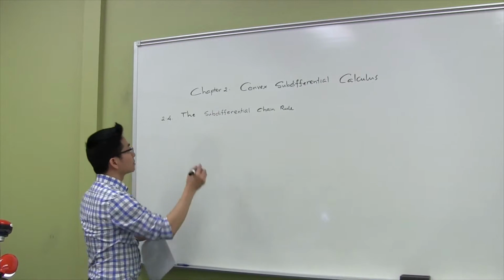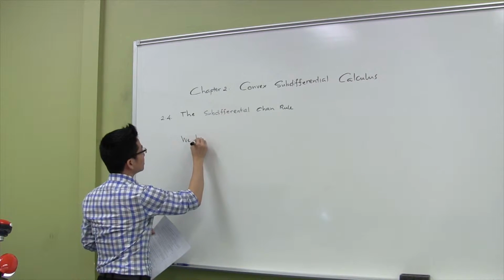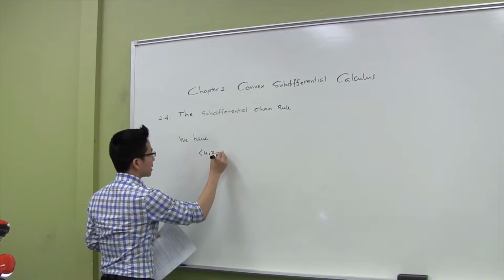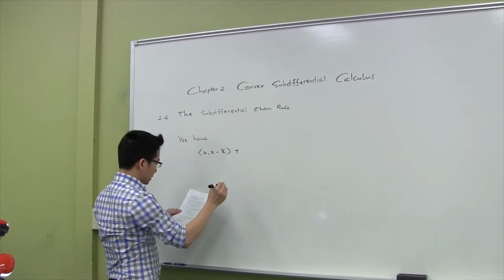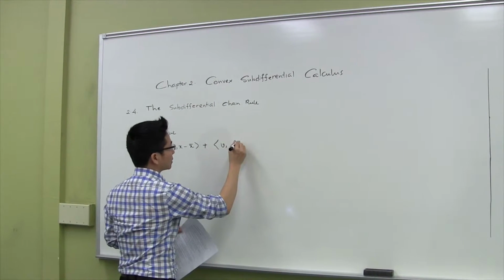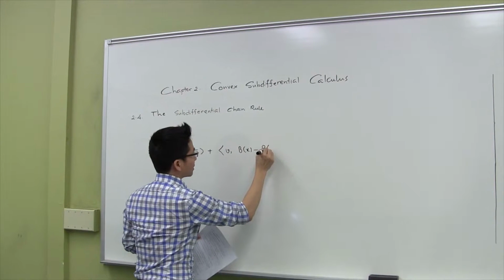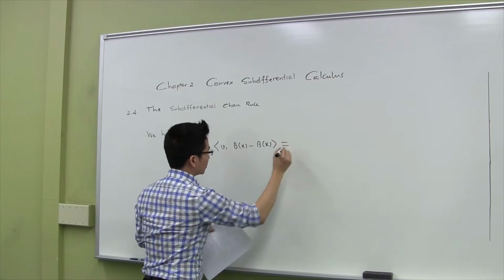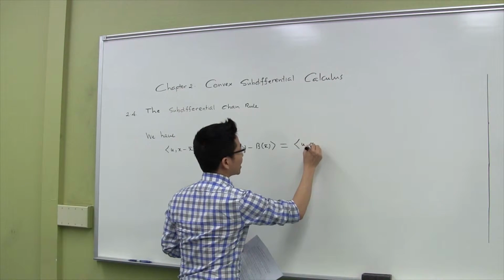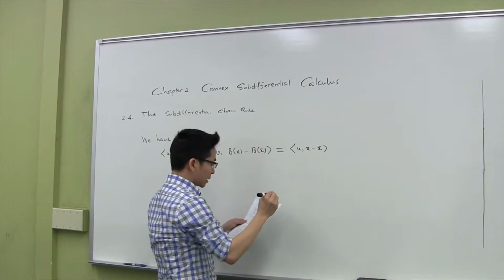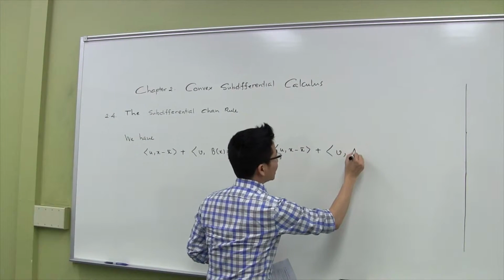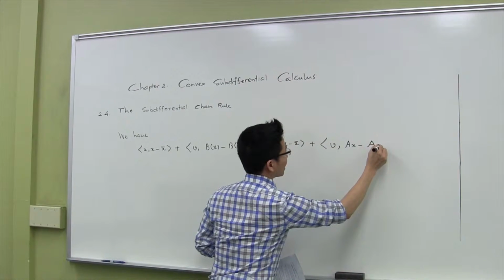Now we have the following. The inner product of u and x minus x bar plus the inner product of v and Bx minus B x bar is equal to the inner product of u and x minus x bar plus the inner product of v and Ax minus A x bar.